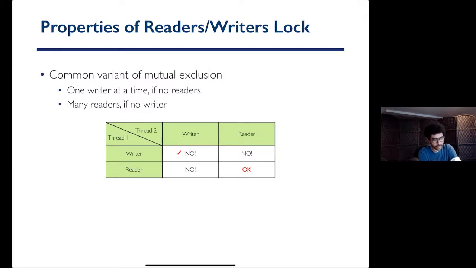If thread 1 is a writer and thread 2 is a reader, we again want mutual exclusion. If thread 1 is a reader and thread 2 is a writer, again, we want mutual exclusion. But if both of them are readers, then we're fine with them accessing the database at the same time. Now, we want to implement a lock to do this for us.